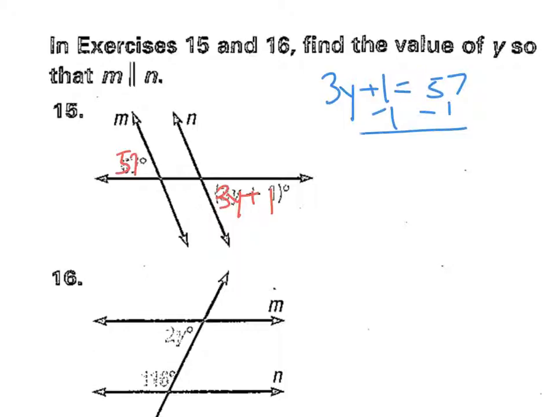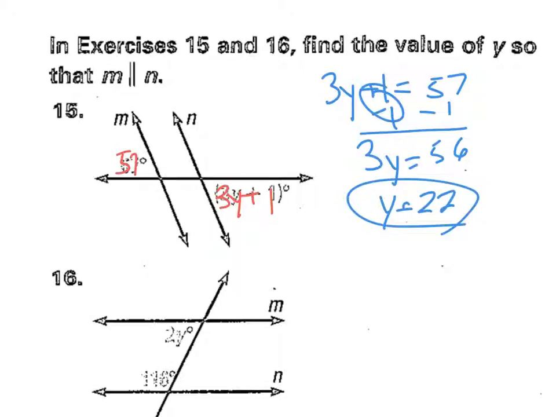Now we solve. They want us to find the value of y, so now 3y is going to be 56, and y is going to be 22. So all you have to do is set them equal to each other because alternate exterior angles are equal to one another.